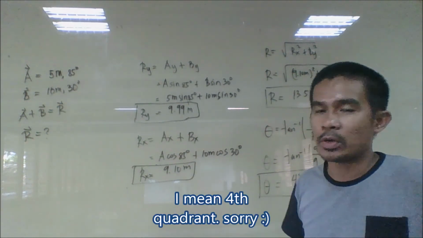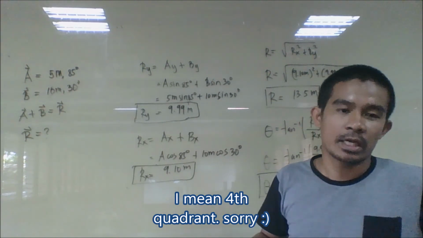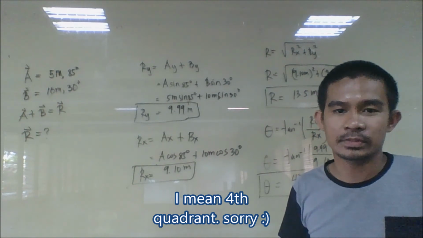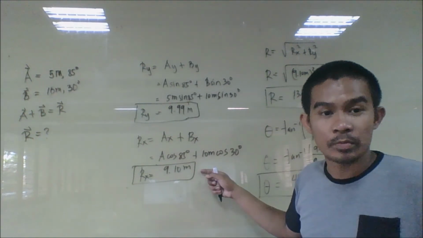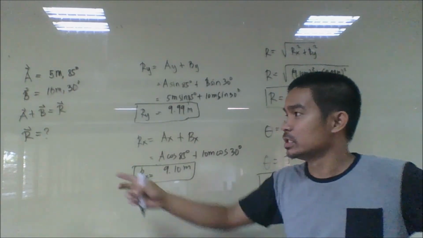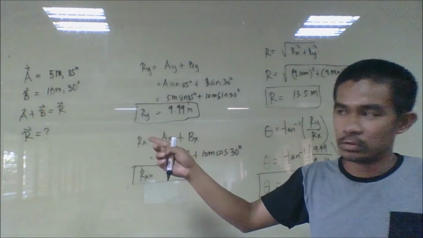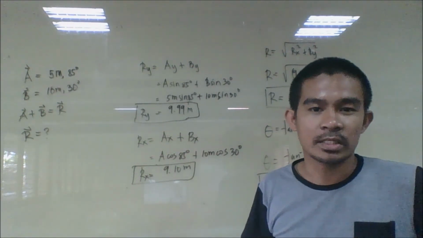And the fourth quadrant, x is positive and then y is negative. So since these two components are all positive, it means the sum of these two vectors is located in the first quadrant.